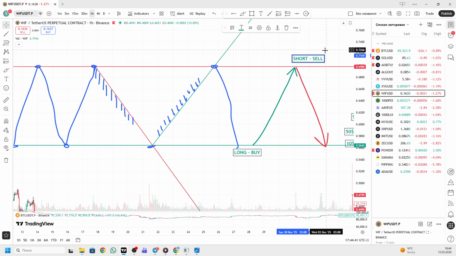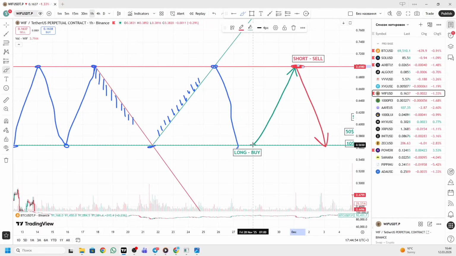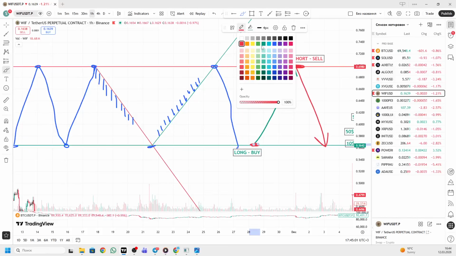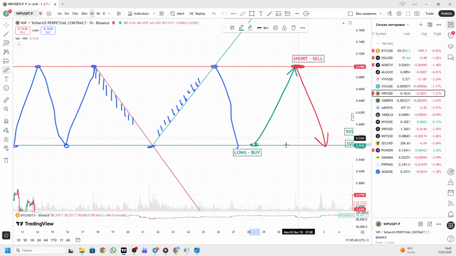It's always sell. Over here is an entry point for short. It goes down. And here is the entry point for long. It goes upwards. I think till here is everything clear, okay? So long, it is a buy position. Short, it is a sell position. Okay.